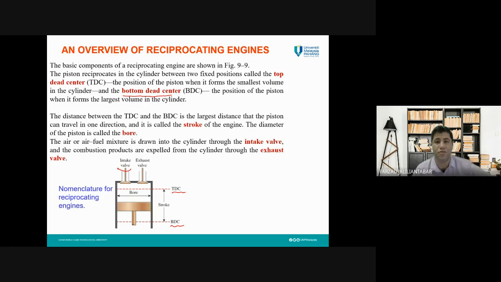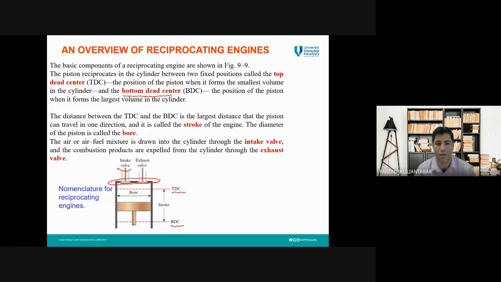The top dead center is the position of the piston which forms the smallest volume in the cylinder. In other words, it is the maximum possible displacement of the piston closer to the cylinder head. We call this part the cylinder head.